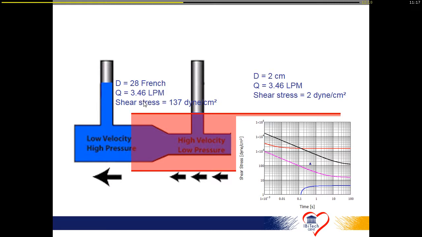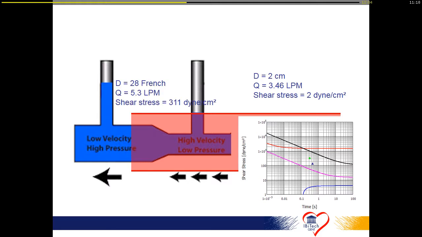So if we look at this, if we would take a 28 French, we would have a flow of 3.5 liters, for example. Then at the side holes, we would have a negative pressure of about 2.5 millimeters of mercury. If we, in this patient now, would decide for whatever reason, we want to increase the flow, and now what we actually are going to do, we are going up to 5 liters.